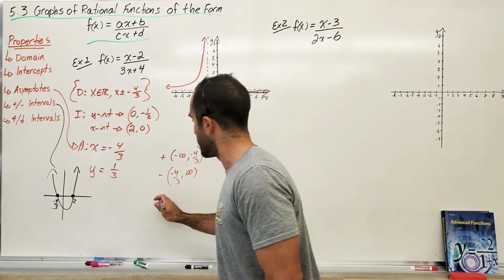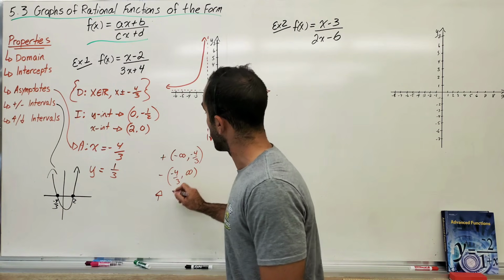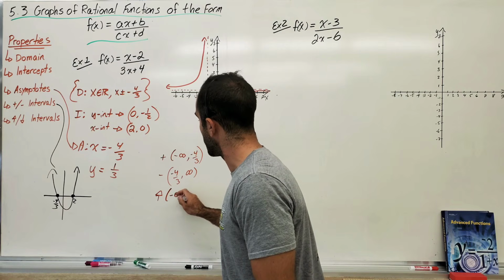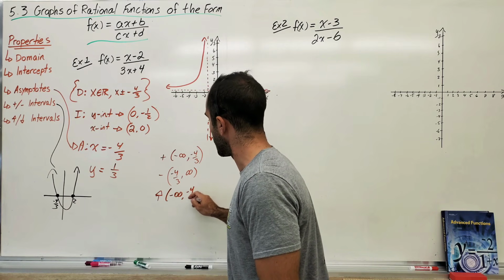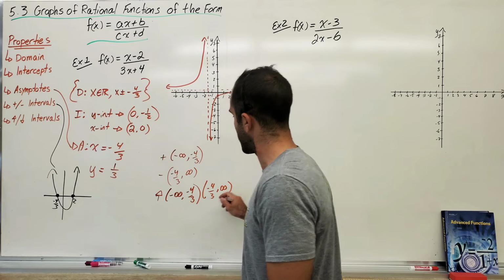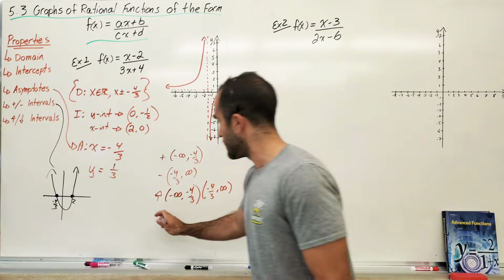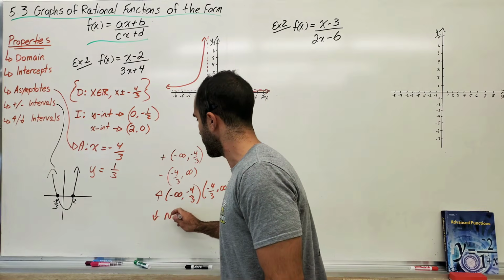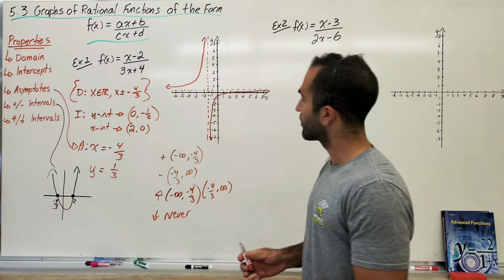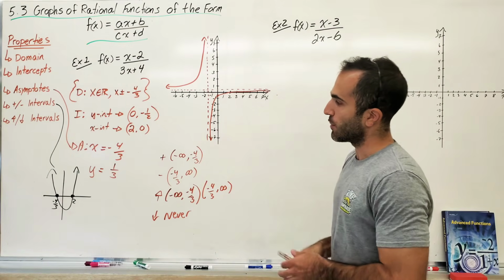Now, it's increasing from -infinity to -4/3, -4/3 to infinity. So this is how I omit the -4/3. I have 2 different intervals, and it's decreasing never. And that's it. Everything is kind of already known from chapter 4 over here.